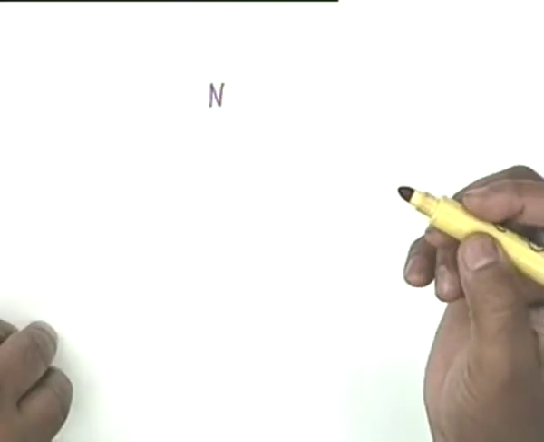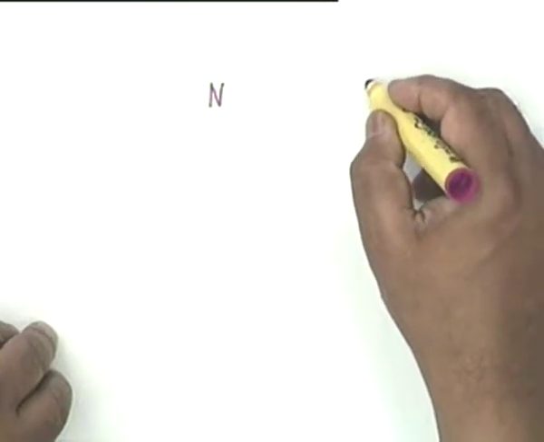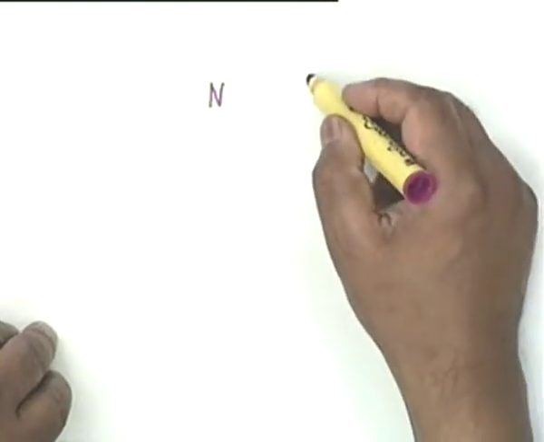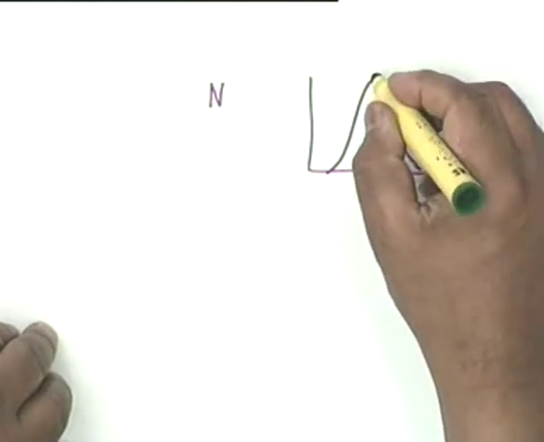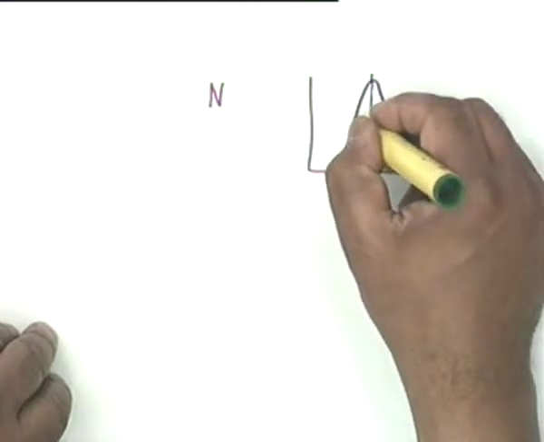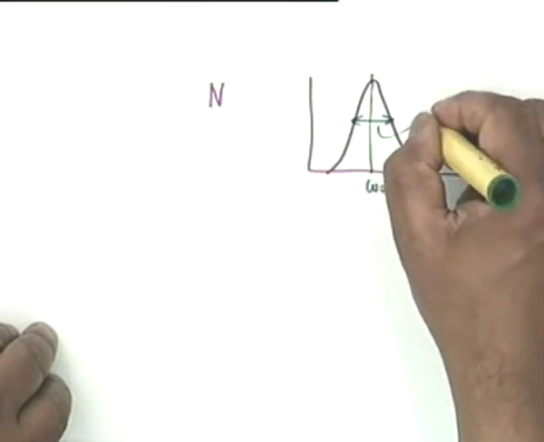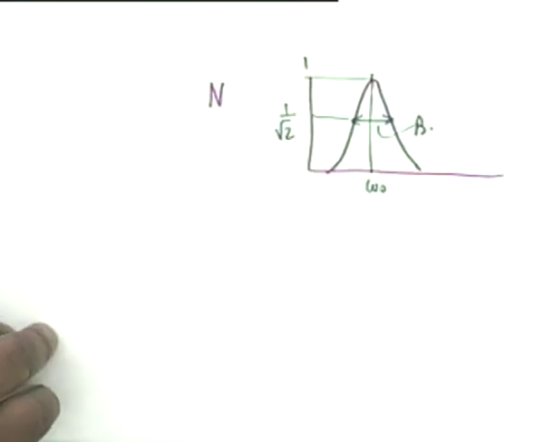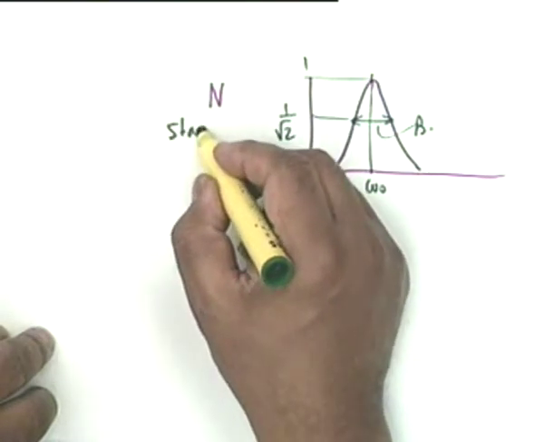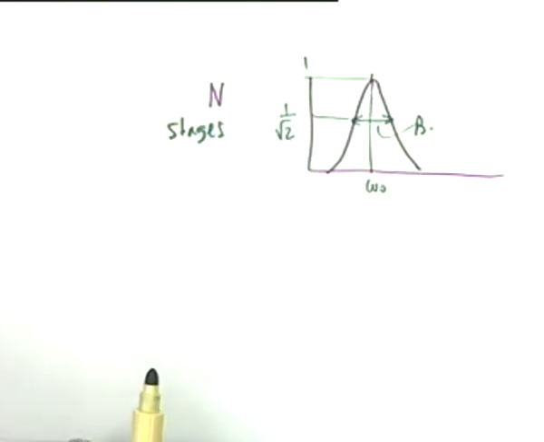It can be shown that if n such stages are cascaded, each of which has a response with omega 0 and the bandwidth is B. If this is 1, then this is 1 by root 2. If n stages are cascaded without interacting with each other, that is in a non-interactive manner, what does it mean? One tuned circuit does not affect the performance of the other tuned circuit.